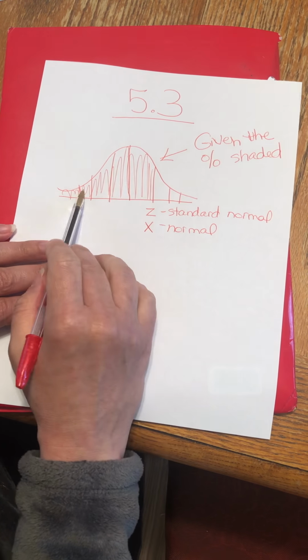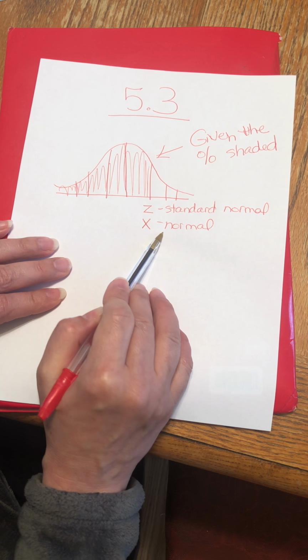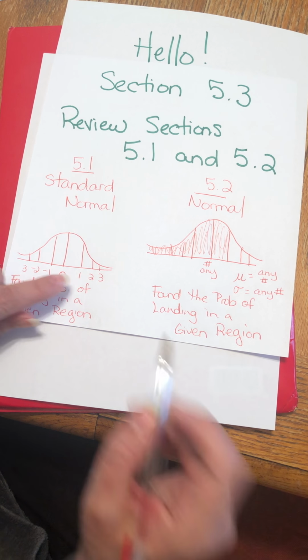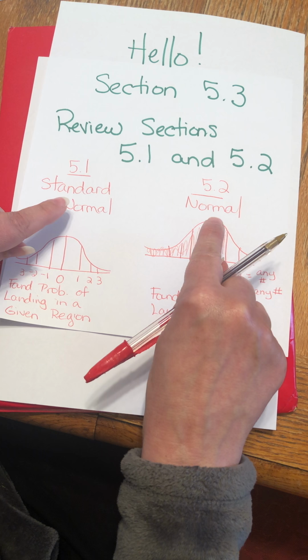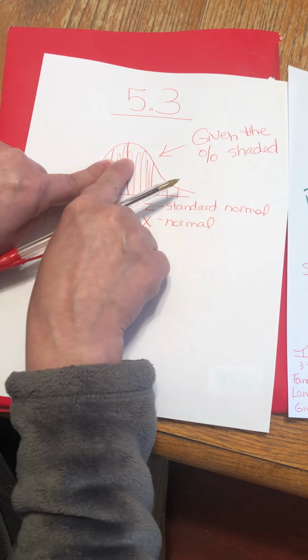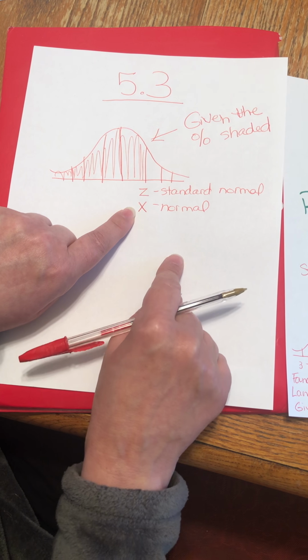So I'm going to give you what percentage of the curve is shaded, and you've got to find the x or the z. In 5.1 and 5.2, I gave you the z or the x, and you had to find the shaded area. Now I'm giving you the shaded area, and you've got to find the z or the x. So basically, we're just going backwards.